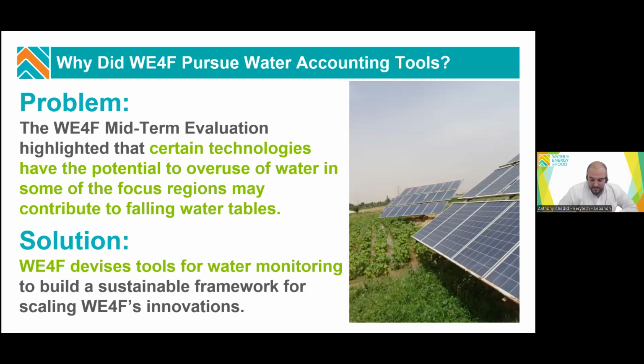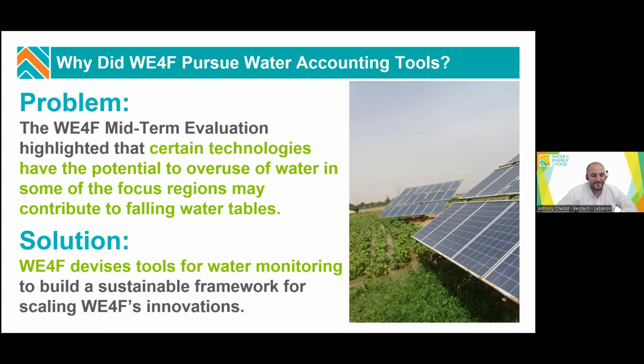So why did Water and Energy for Food decide to build these dashboards and these tools? Our midterm evaluation showed that certain technologies that are being invested in have the potential to overuse water in some focus regions, and that goes against what we're trying to do.